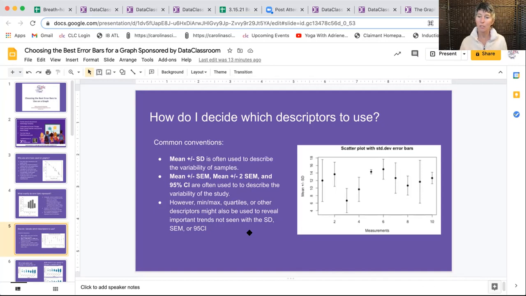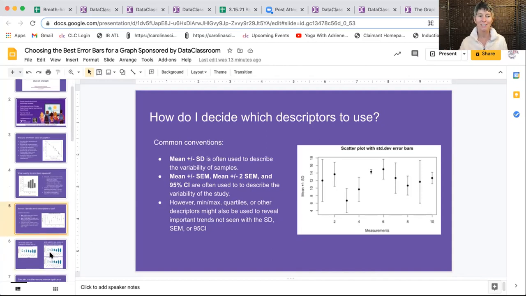If the standard practices or conventions are not helpful and do not adequately reveal what was seen in the observations, then a person making the graph might decide to go with a different, less conventional description. For that reason, it's really important to know the difference between these different types of error bars and why we would choose one over another.